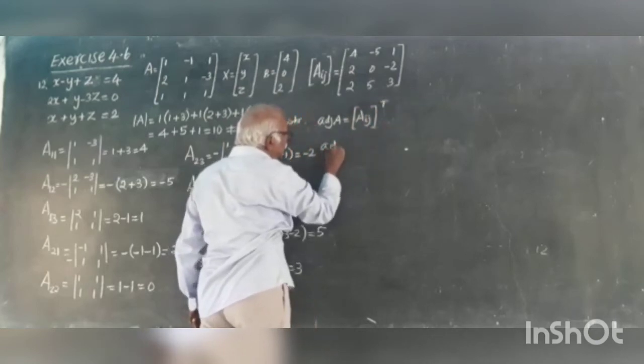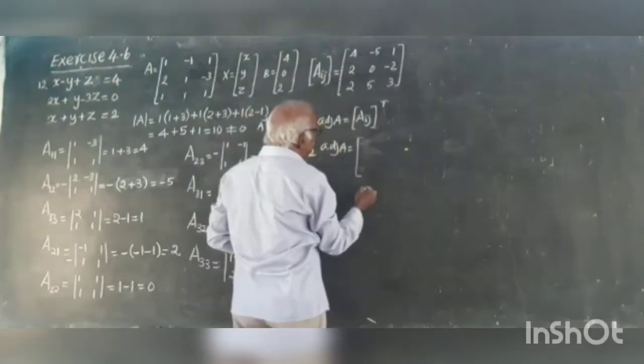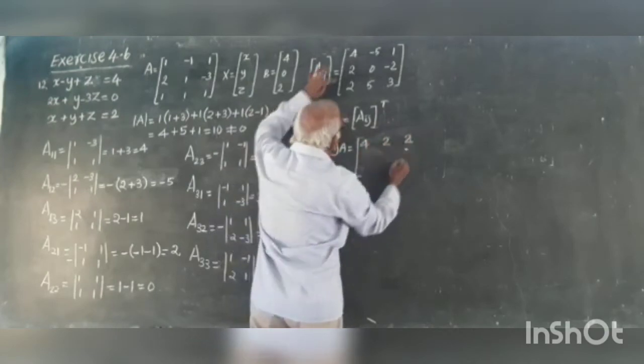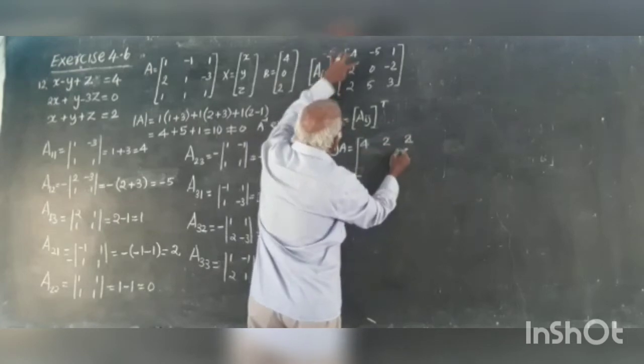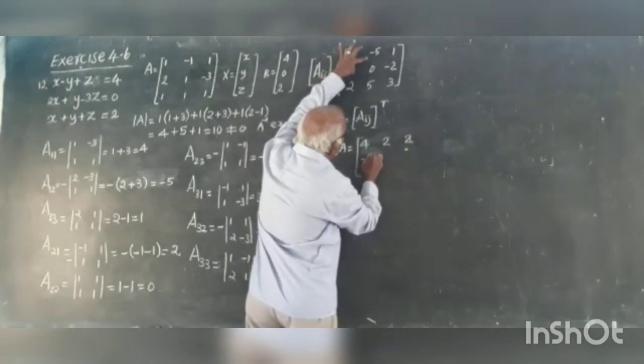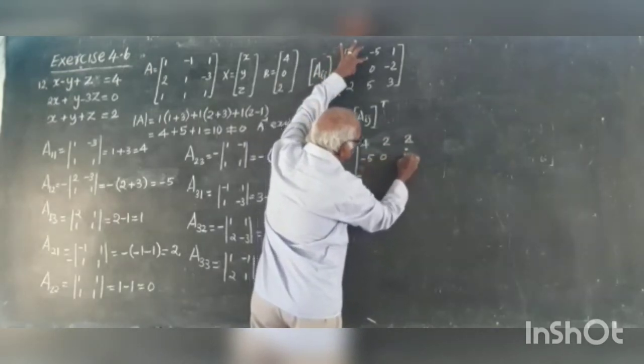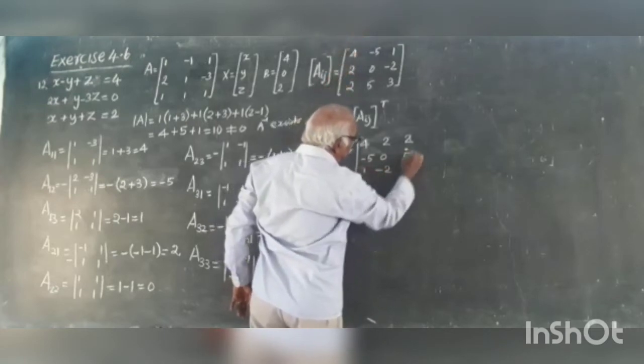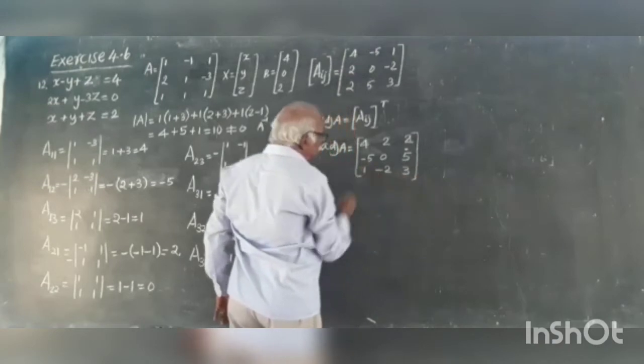Therefore, adjoint A is equal to 4, 2, 2 as the first column. Second column: minus 5, 0, 5. Third column: 1, minus 2, 3.